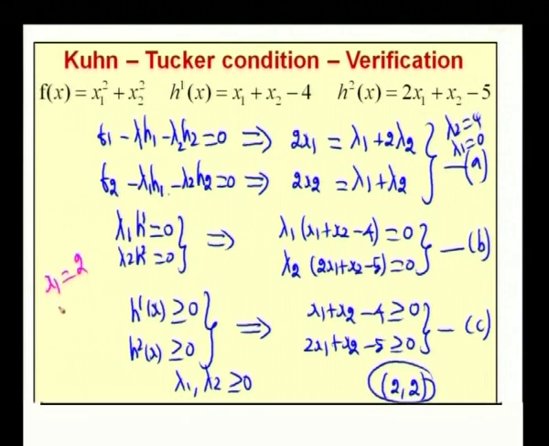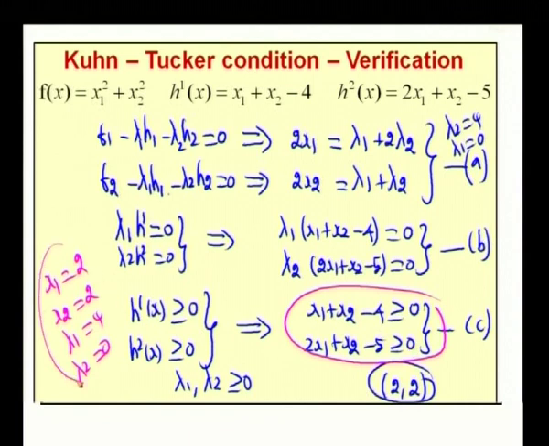So, with x1 equal to 2, x2 equal to 2, lambda 1 equal to 0 and lambda 2 equal to 4, equation C is satisfied. By substituting x1 equal to 2, x2 equal to 2, 4 minus 4 equals 0, which is greater than or equal to 0, and in the other equation, 4 plus 2 is 6, minus 5 is 1, greater than or equal to 0.